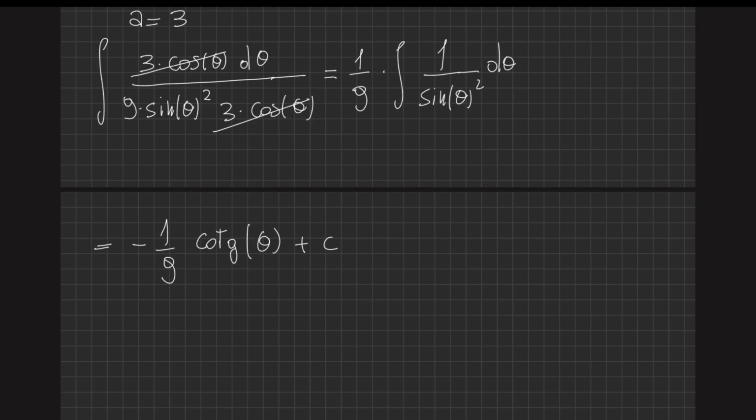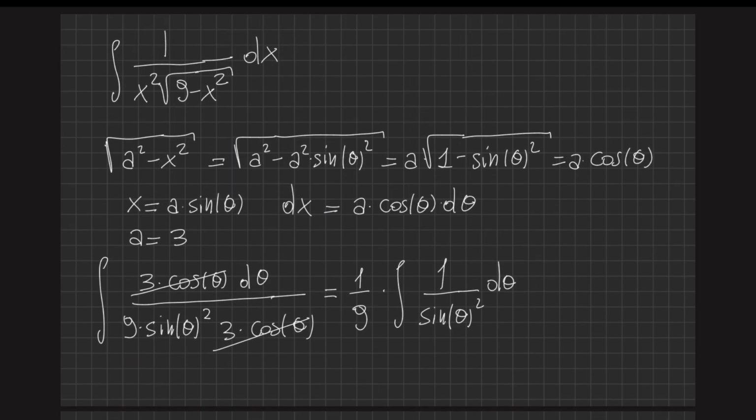Sorry for that. Okay. But now the problem is that we have to go back from theta to x. And here is when Sohcahtoa starts to be helpful. Indeed, let's remember that for us, we made the substitution x equal to 3 times the sine of theta.